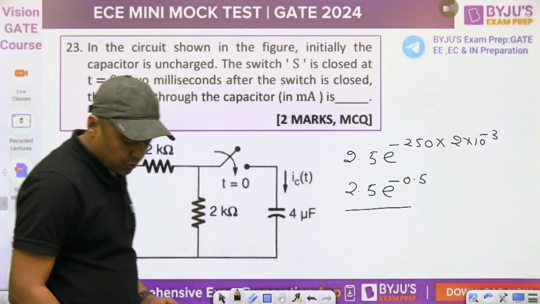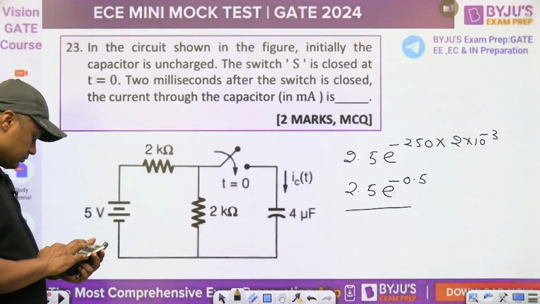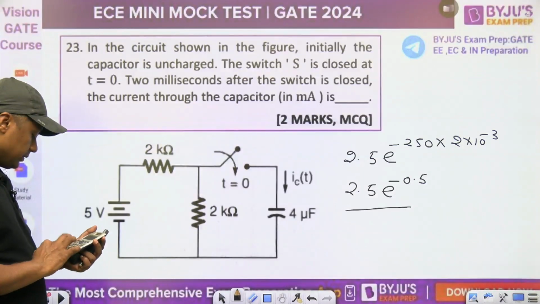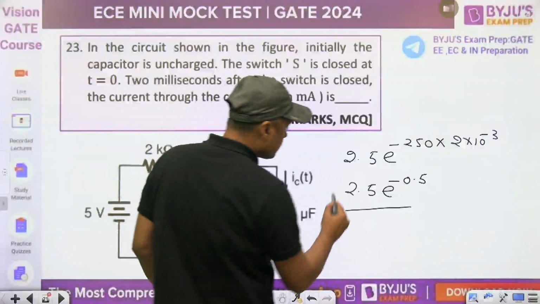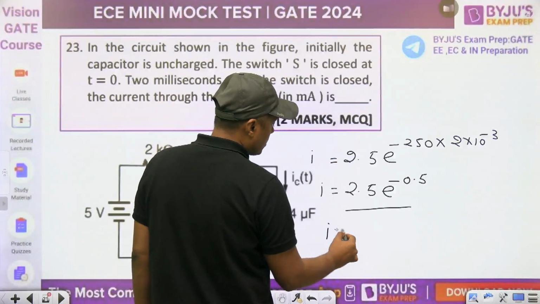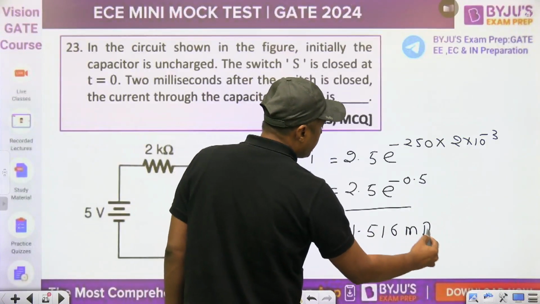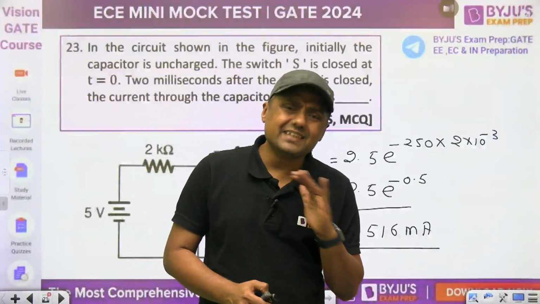Use your calculator and find the value. Into 2.5. And answer is 1.516 milliampere.